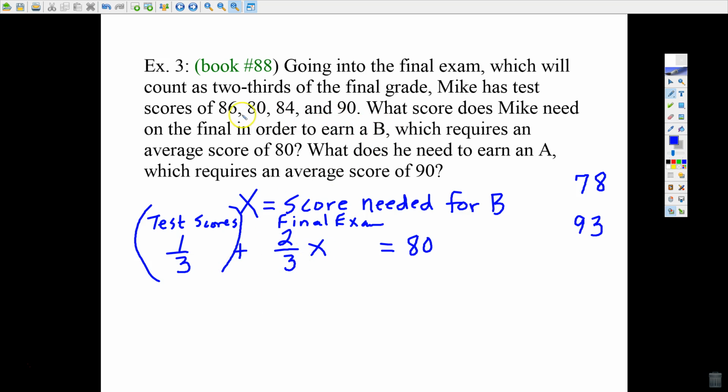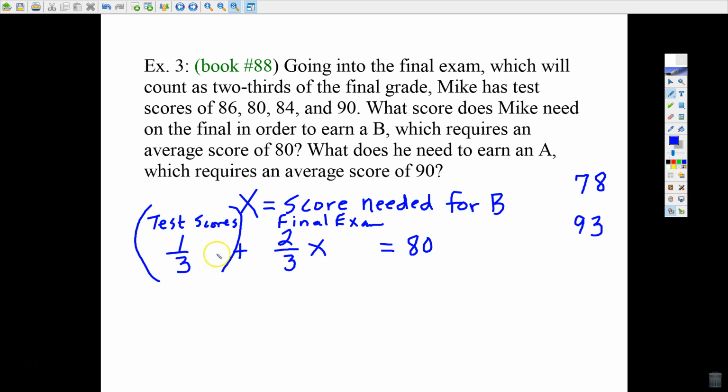Okay, so do some quick math with your calculator and tell me what this average is. He has test scores, which represents 1/3 of his overall. 1/3 of this 80 average is going to come from the average of these test scores. So does anybody have that average? 85.